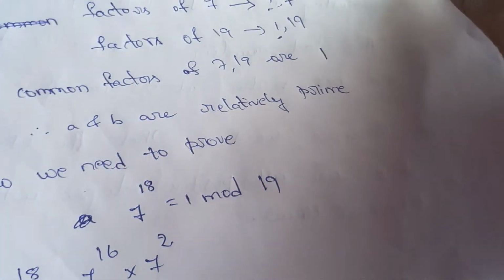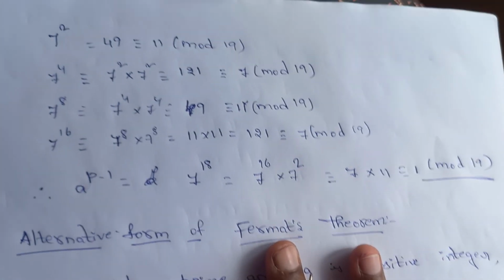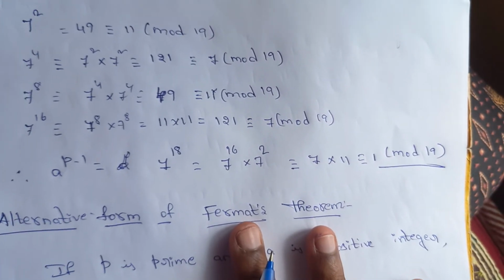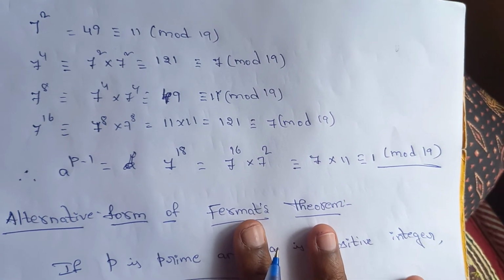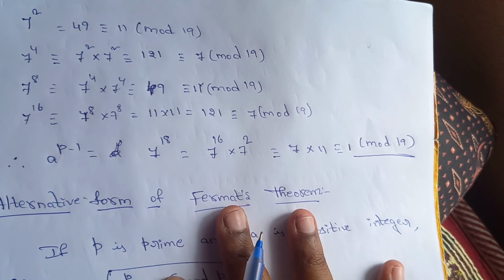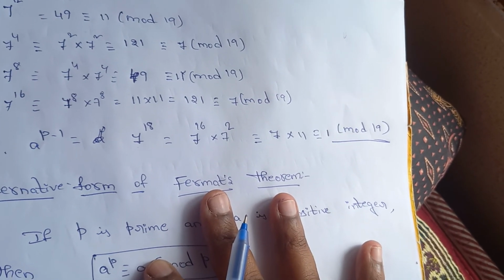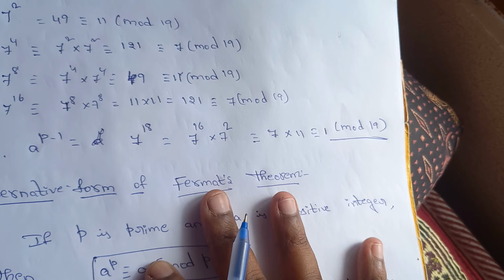Now we need to calculate 7 power 2. 7 power 2 value is 49, which is equivalent to 11 mod 19. If you calculate 49 mod 19, you get the remainder 11.